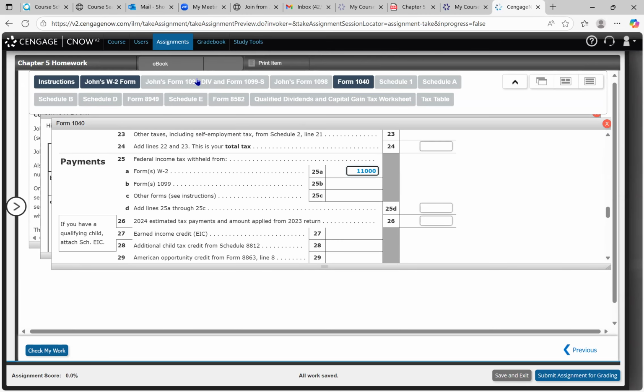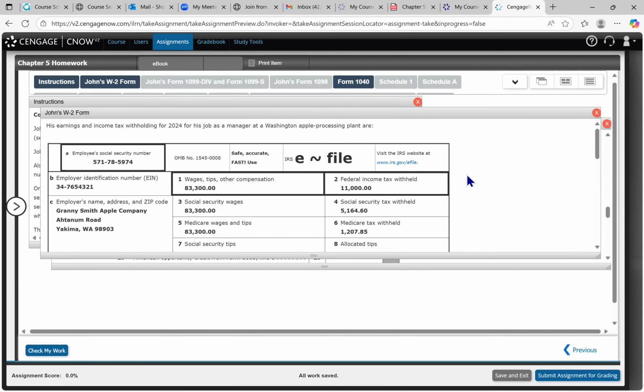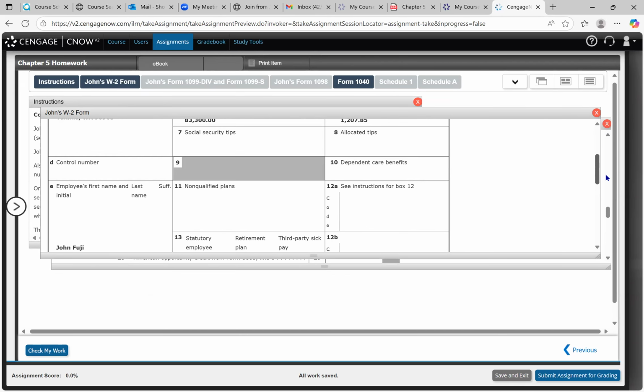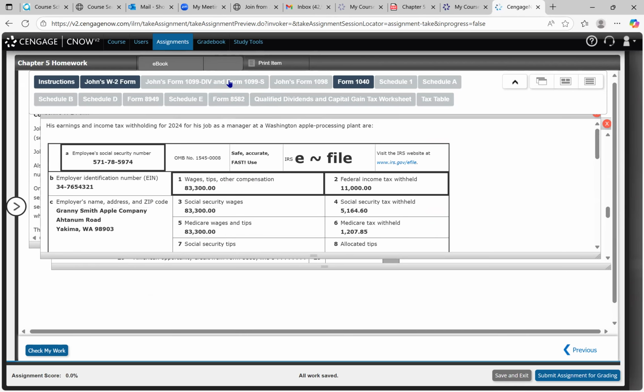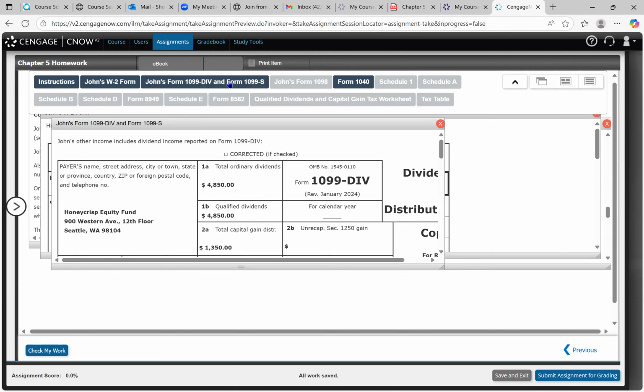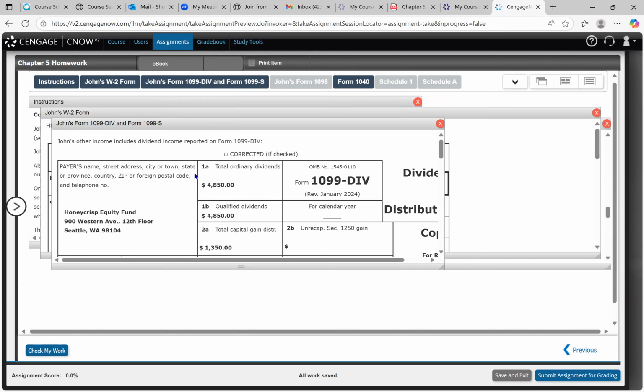Okay. Now, in terms of his 1099 dividend, it shows us his ordinary dividends, and they are qualified, are $4,850.